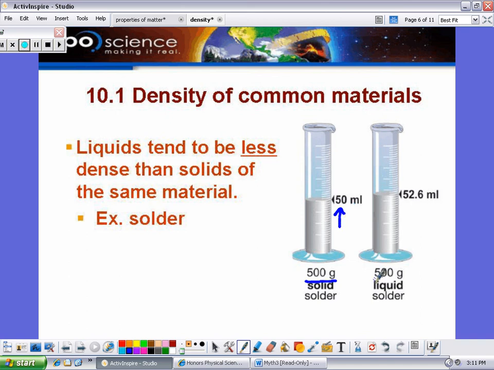Take that same mass of solder in the liquid form, and it takes up 52.6 milliliters. Because when a solid becomes a liquid, the molecules move apart because of the energy added to them. When they move apart, they take up more space, increasing the volume. So the density does change.